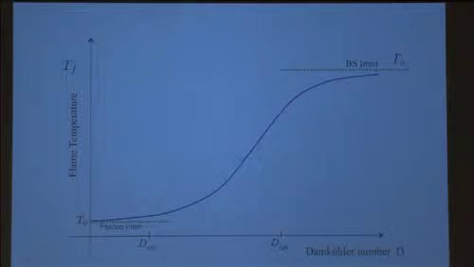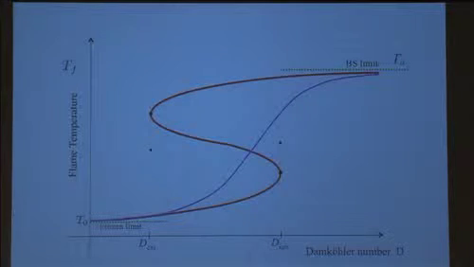Well, one possibility is that you get a curve that connects the frozen limit to the Burke-Schumann limit, a monotonic curve like this. But you can also get an S-shaped curve like this red curve. So you can have different possible response curves that connect those two limits.